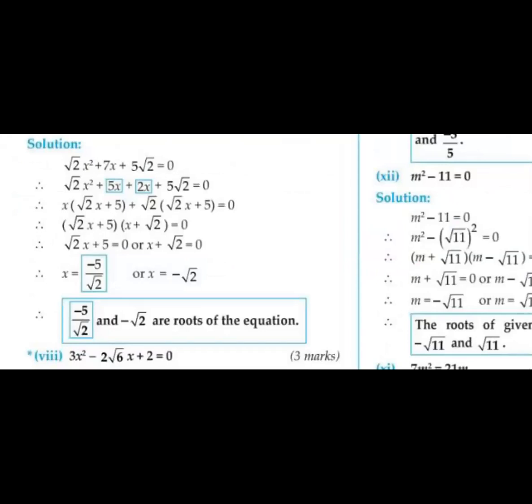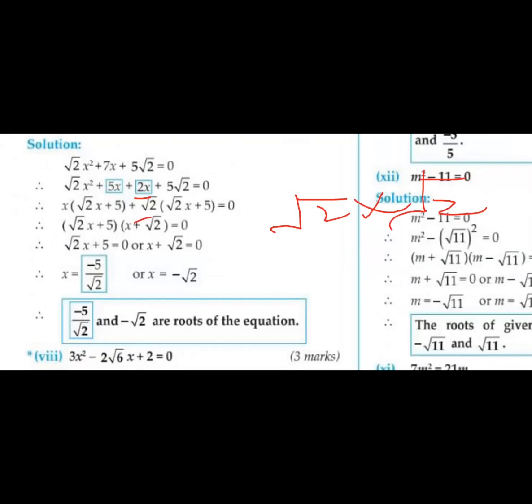For this 2 I have expressed all this. This 2 is written as root 2 into root 2, right? So this root 2 is common. We can take root 2x plus 5, right? So root 2x plus 5 into x plus root 2 equals 0.